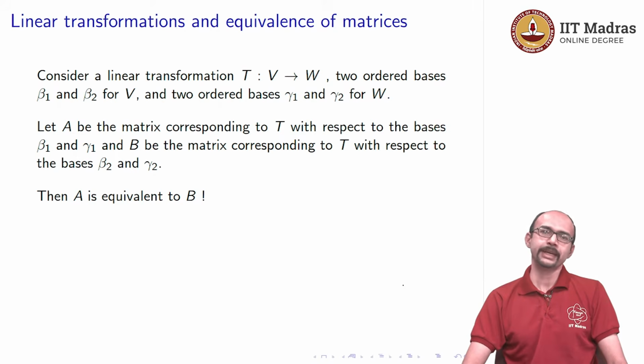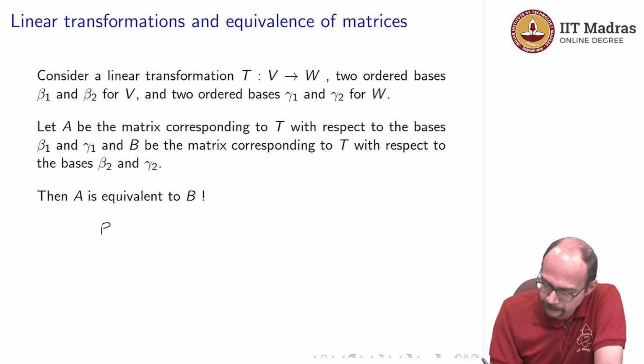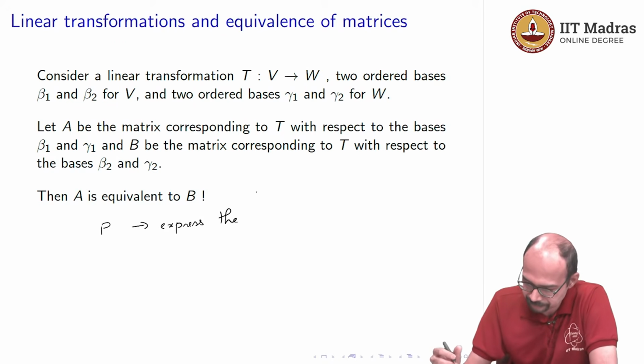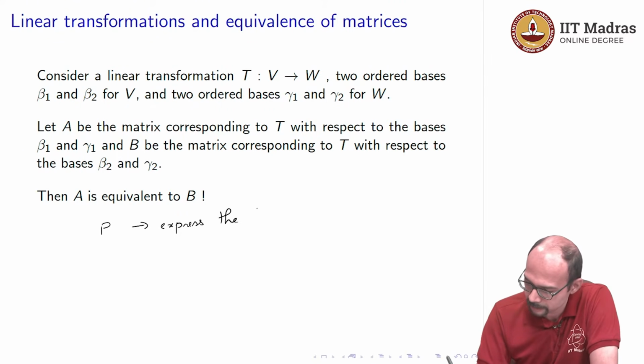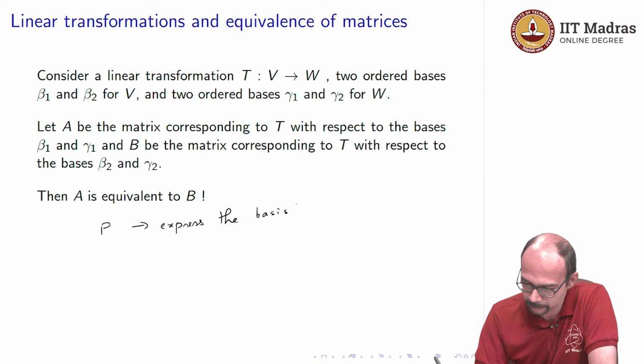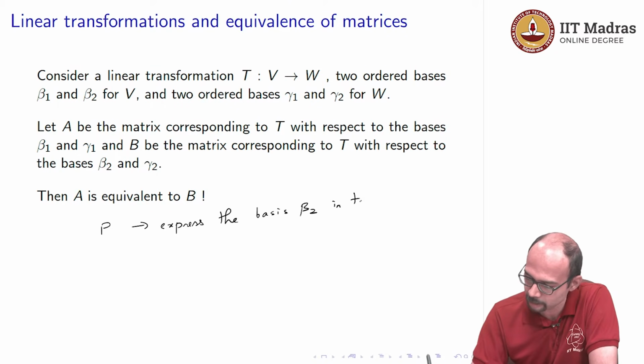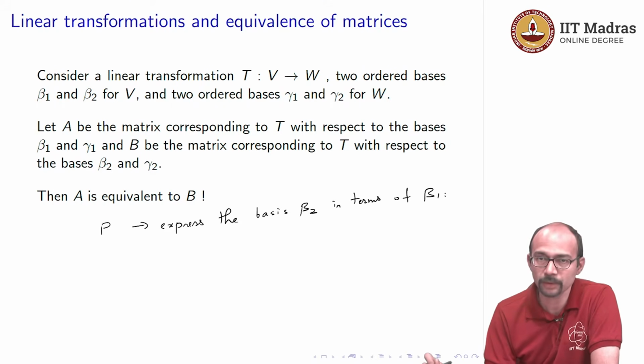So, the question is, how do I get Q and how do I get P? So, for P, express the basis beta 2 in terms of beta 1. Okay.